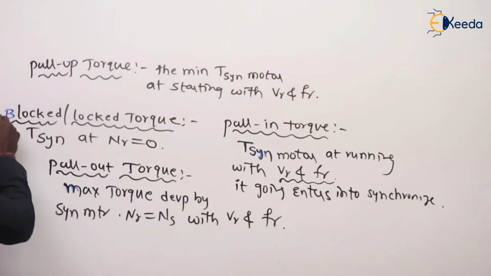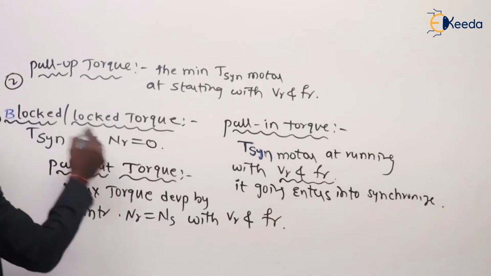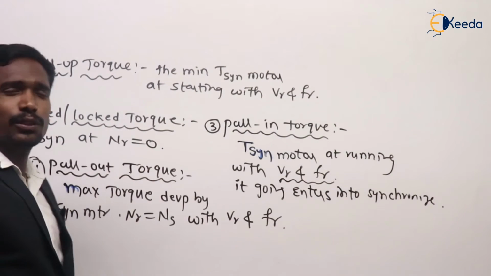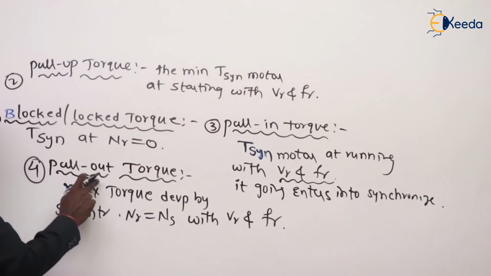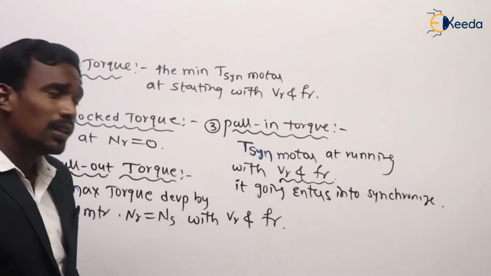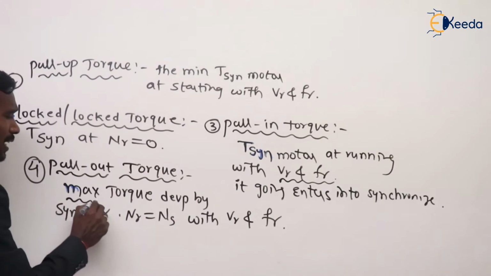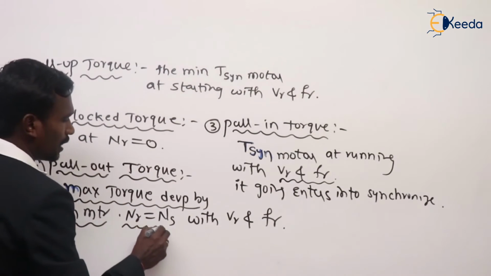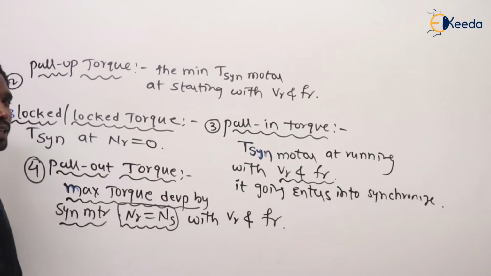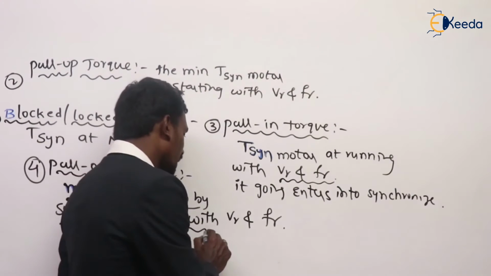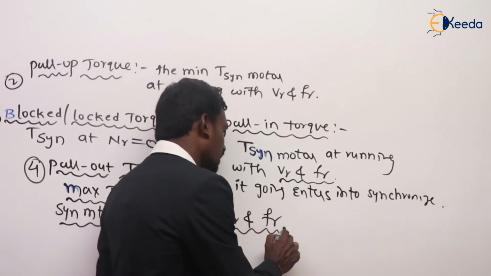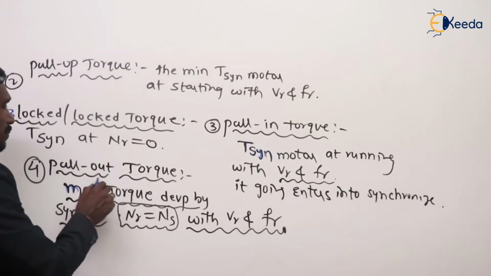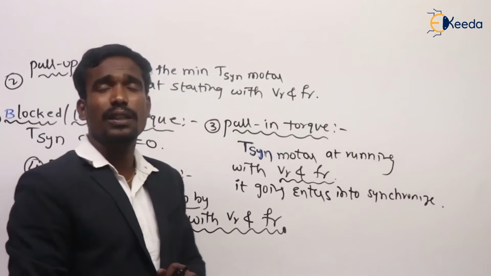Comparatively, they will ask you a question like, which of the following torques is the maximum torque? The maximum torque is the pull-out torque. This is simply the pull-out torque definition.